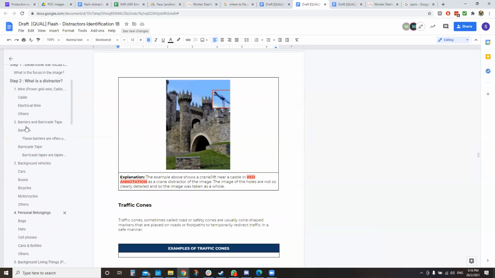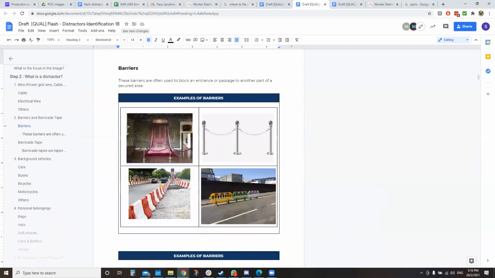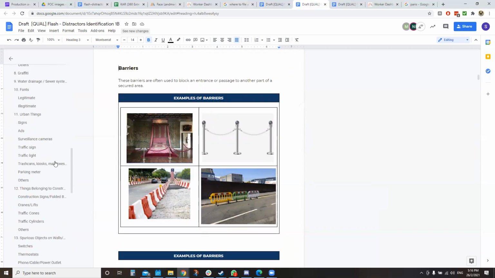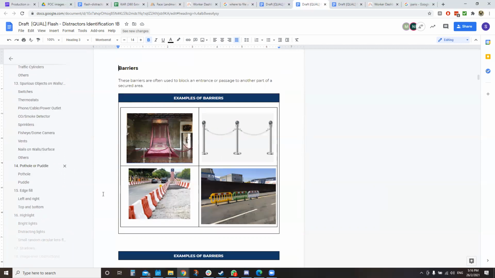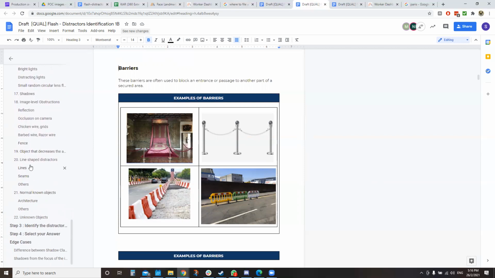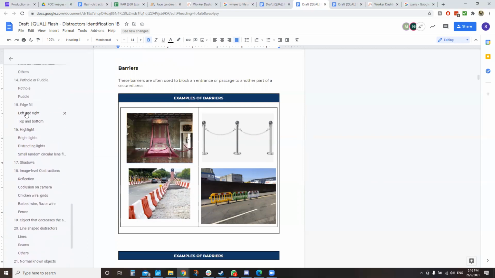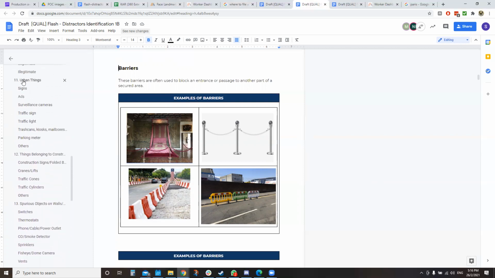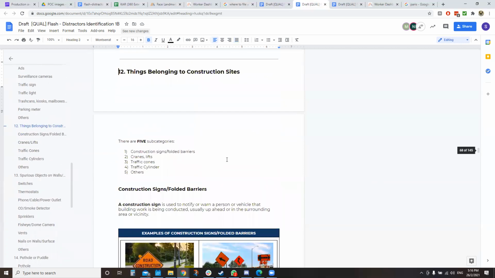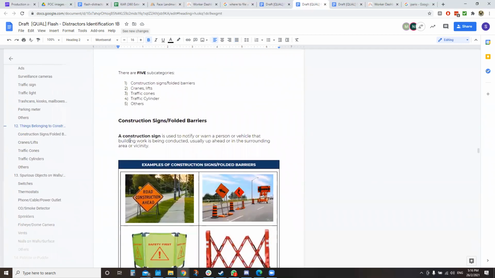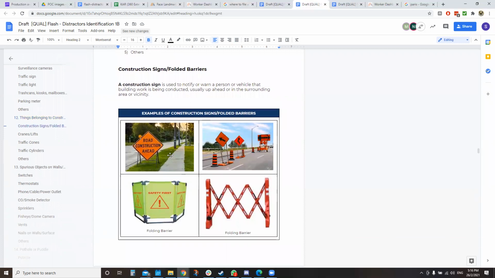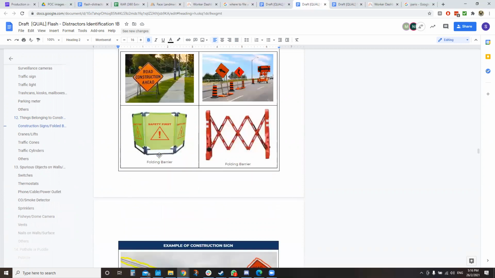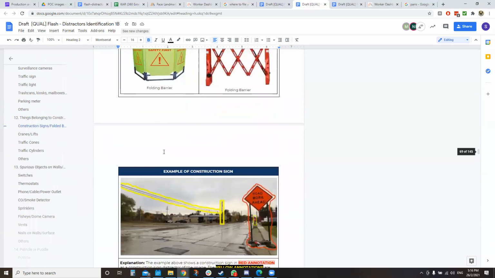Hold on. Oh, this one is barrier. Yeah, correct. This one is construction site stuff. So they're slightly different. Anything that tells you there's construction going on should be labeled under construction signs. And again, usually these things are foldable.